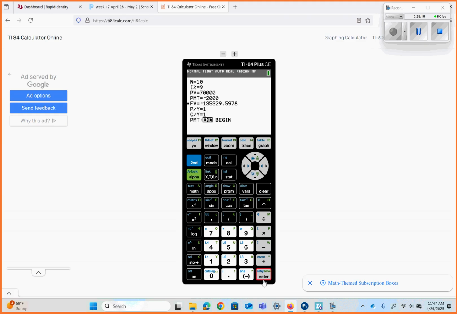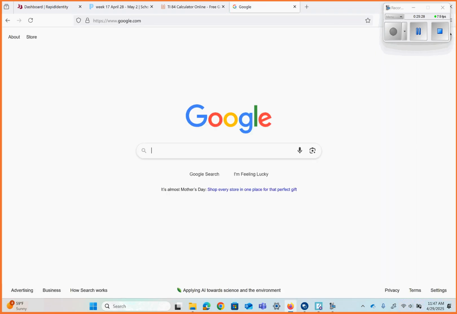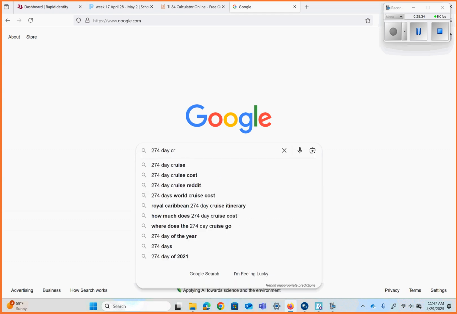It's 274 or 278 days. Yeah, it's beautiful. If you guys want to see, this is my retirement. This is the first year, or first 2/3 of a year, a 274-day cruise around the world.